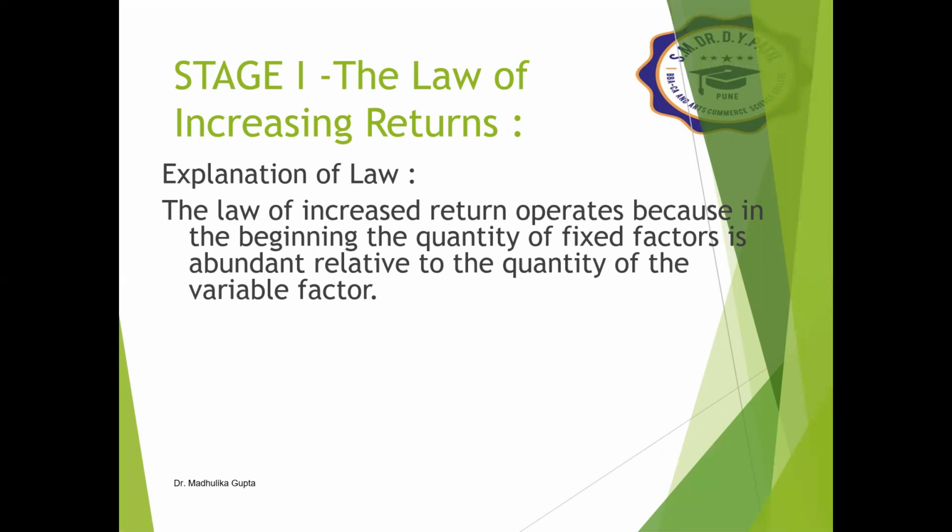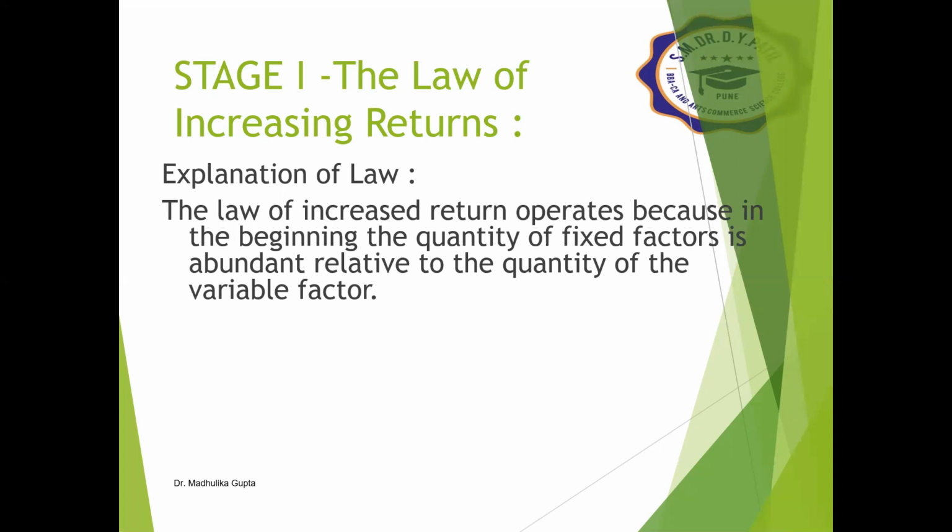Understood? Why does this happen? Because in the beginning some amount of the fixed factor was unutilized, and therefore when one more laborer was employed on the machine, further utilization of the fixed factor became possible, and it results in increasing returns, higher productivity. Understood?